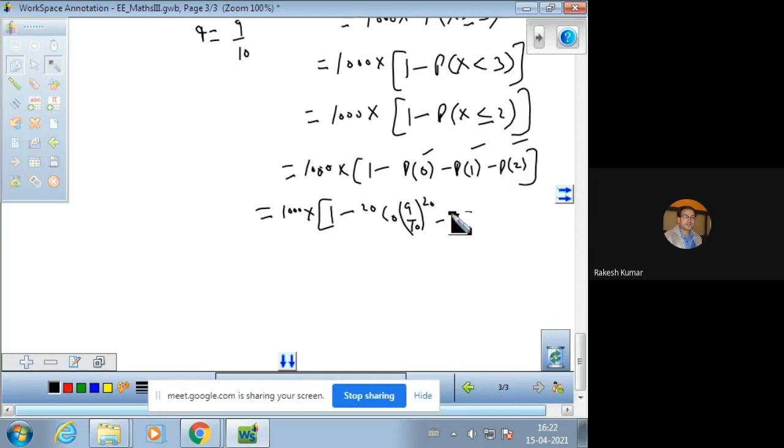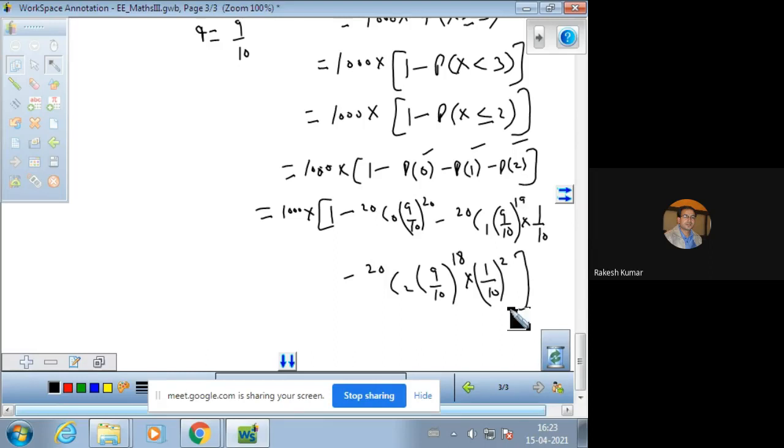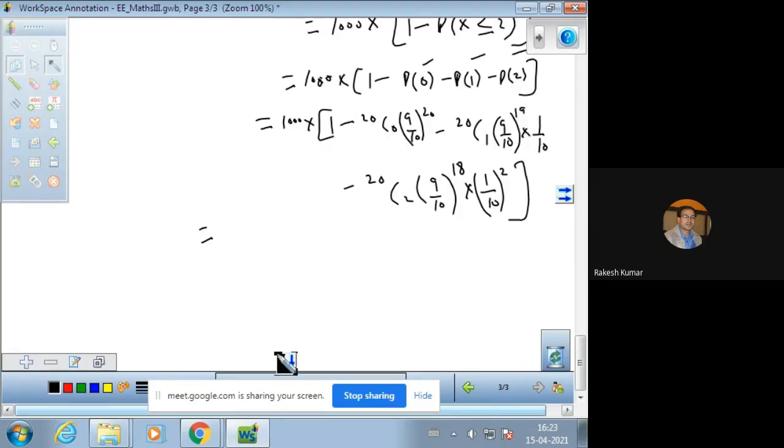And the next one is 20c1 9 over 10 raised to power 19 into 1 by 10 minus 20c2 9 over 10 raised to power 18 into 1 by 10 raised to power 2. Now ये आपने वैल्यूज कैलकुलेट करनी है. After calculating the value you will be able to find out the required probability.